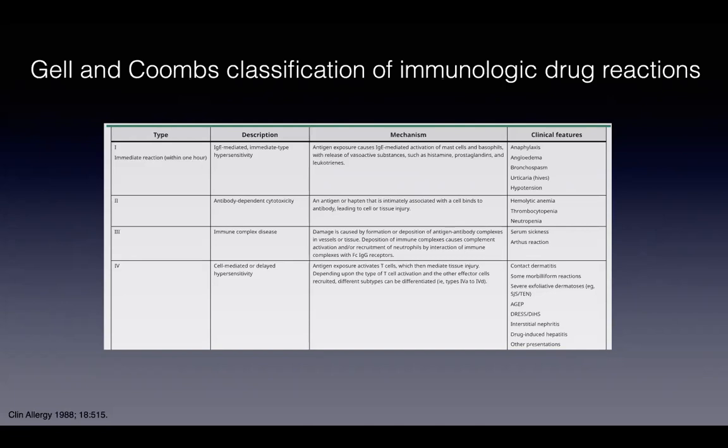In the first row of this table, the mechanism is very well known: antigen exposure causes IgE mediated activation of mast cells and basophils, with release of vasoactive substances such as histamine, prostaglandin, and certain leukotrienes. The presentation may vary from anaphylaxis, angioedema, bronchospasm, urticaria, or hypotension. Apart from that, type 2, 3, 4 reactions are there, but today we are not focusing on this.